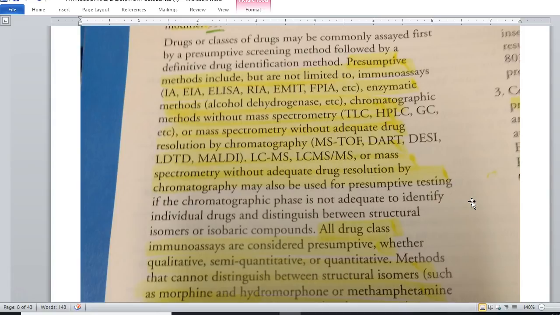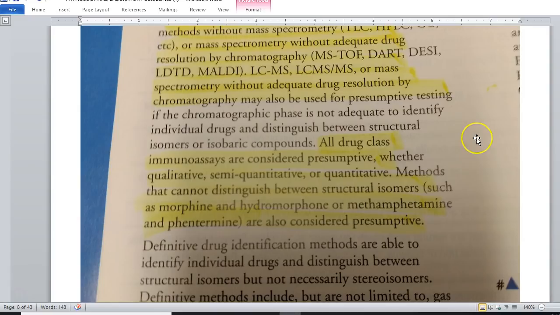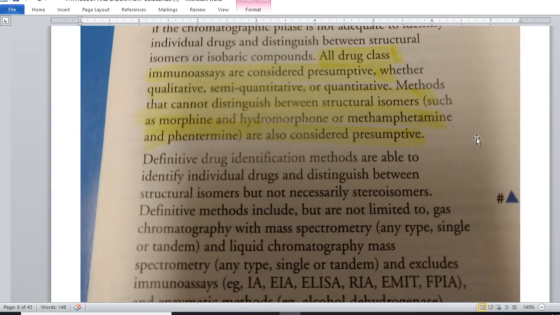All drug class immunoassays are considered presumptive, whether qualitative, semi-quantitative, or quantitative. Methods that cannot distinguish between structural isomers such as morphine and hydromorphone or methamphetamine and amphetamine are also considered presumptive. Again, presumptive meaning we presume what it is, but we don't have a definitive identification.